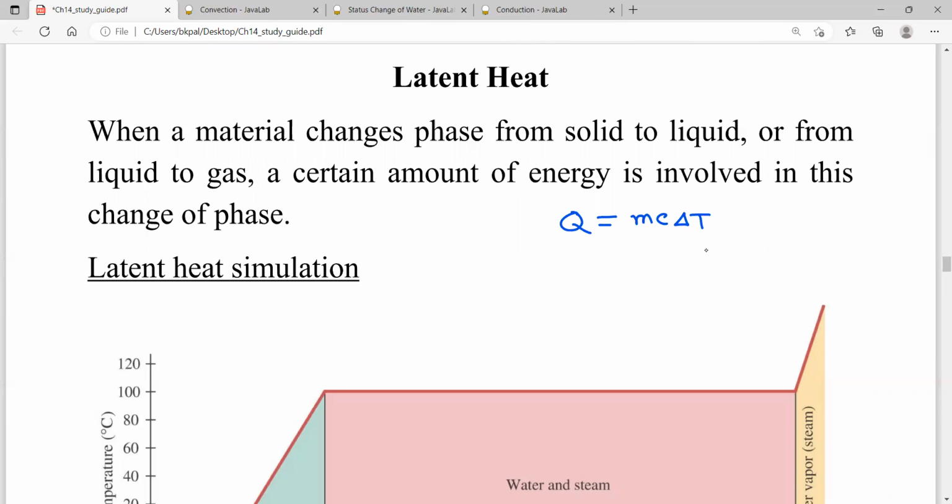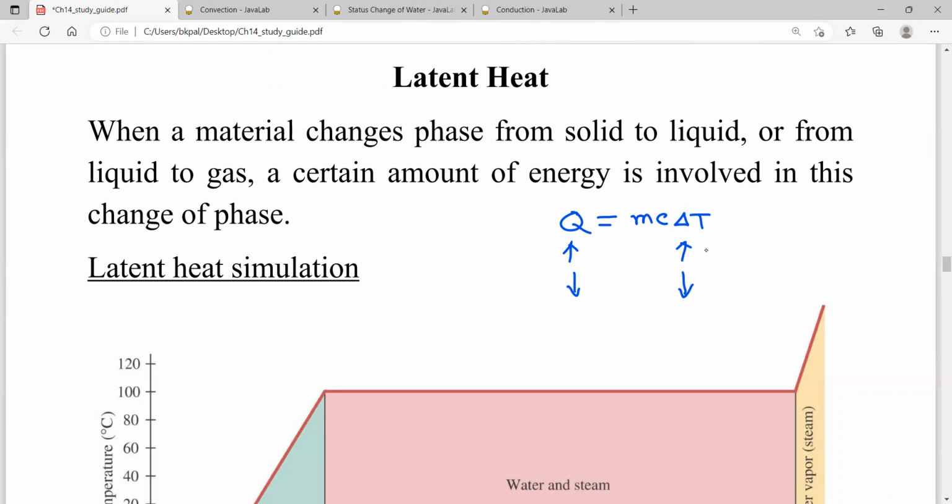This equation tells us that when you add heat to a system, the temperature of the system increases, and when you remove heat from a system, the temperature decreases.